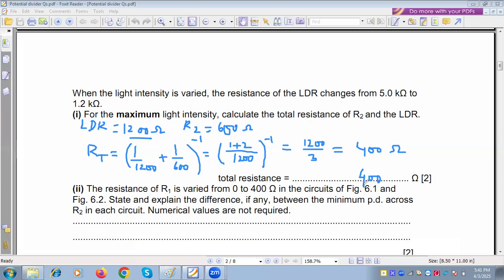So in the second circuit, the total resistance with LDR is 400 ohms when the light intensity is maximum. Let us calculate what will happen, though no numerical values are required. You don't need to put the values, but here I will explain with the help of some values.